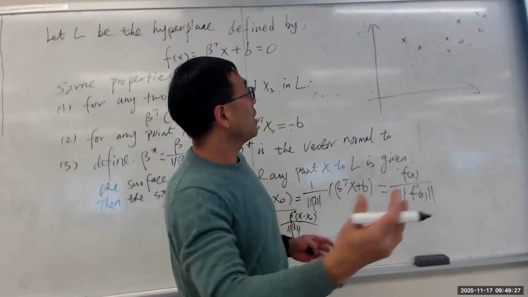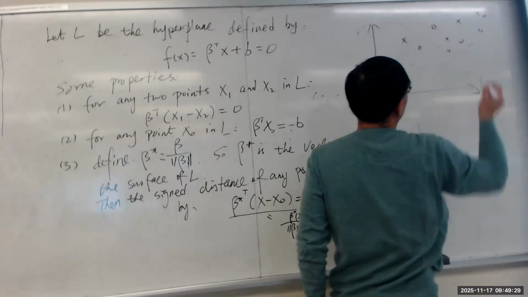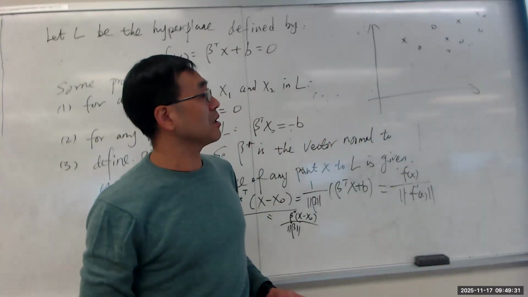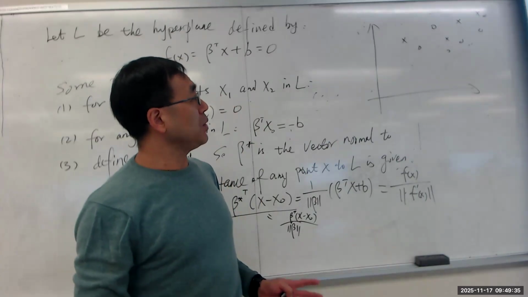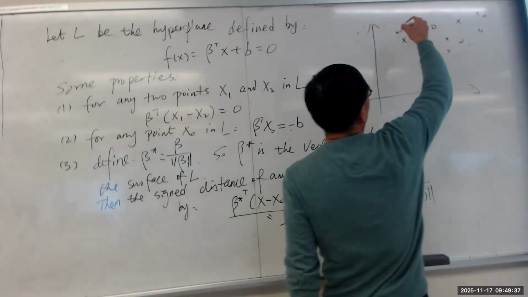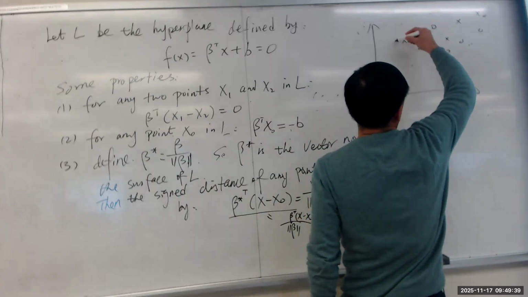Even a polynomial is not going to separate it. But if you make a really complicated model, you can draw a line like this.